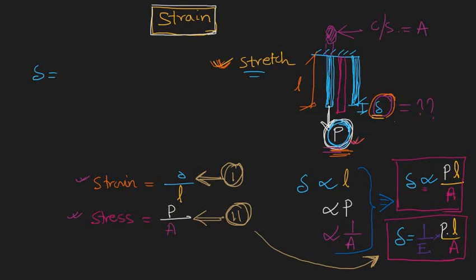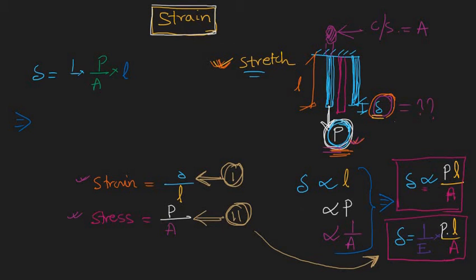is nothing but 1 by E times P by A. I am using P by A in one color and L in another color. Let me use E in a different color.